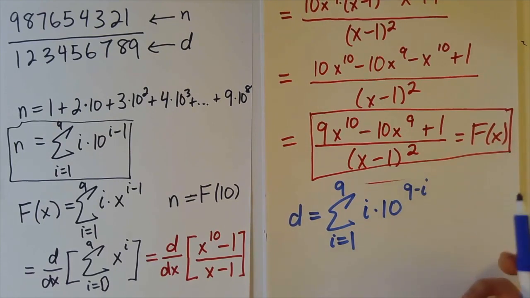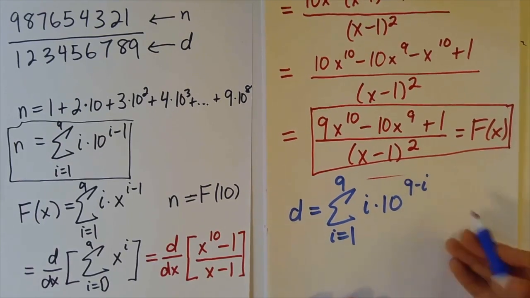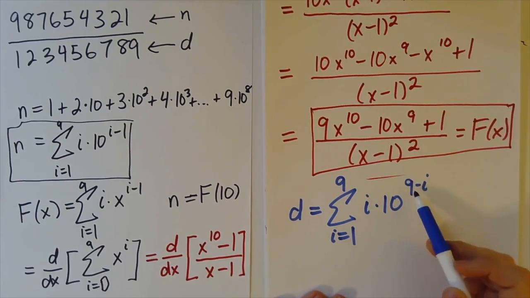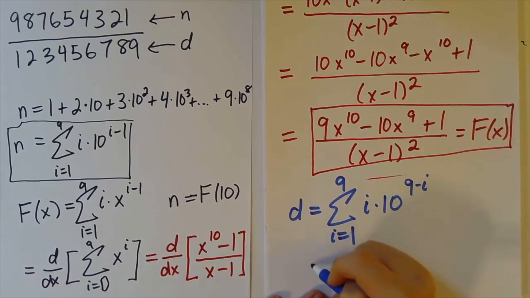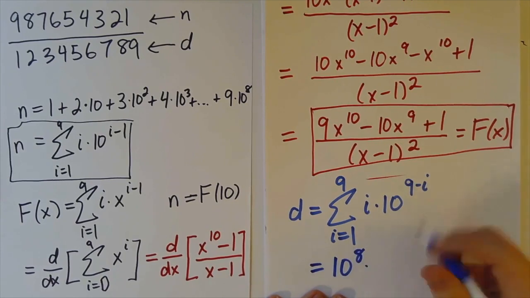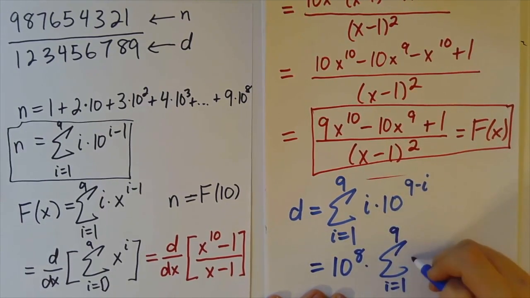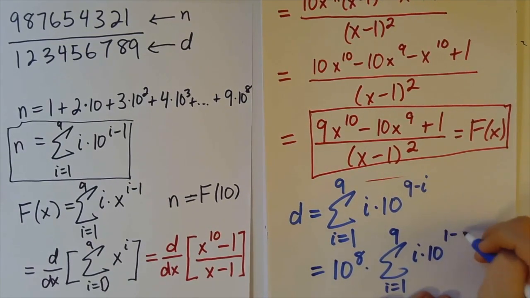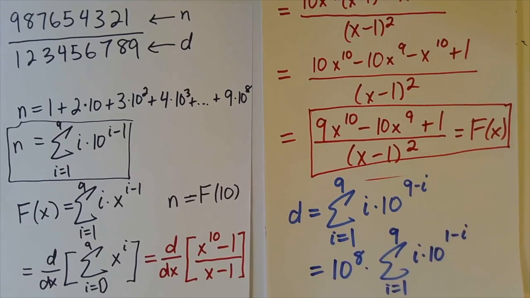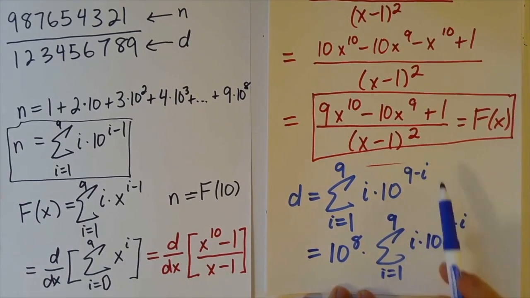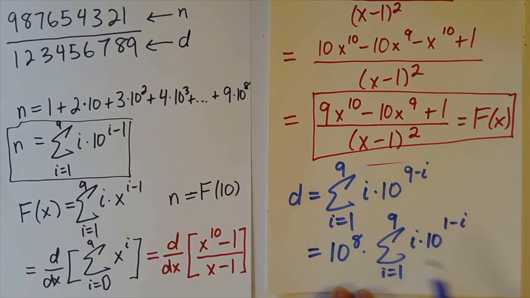But it's going to turn out, for reasons that you'll see very shortly, we actually want to factor out a 10 to the 8th. So I'm going to write this as 10 to the 8th times the sum as I goes from 1 to 9 of I times 10 to the 1 minus I. Okay, and all I did was factor a 10 to the 8th out of every term in this sum and put it at the front.